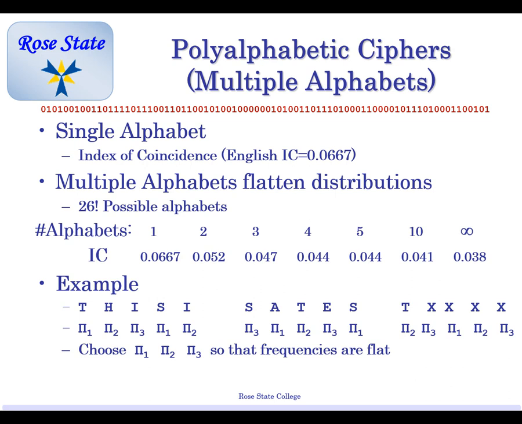Okay? The S is encrypted with alphabet 1, the I is alphabet 2, the S is alphabet 3, and so on and so forth. So what if I took all the alphabet 1s? That would be the T, and the S, and the A, and the S, and the X. Do you all agree they're all encrypted with alphabet 1? Okay? So I took just the alphabet 1 letters.